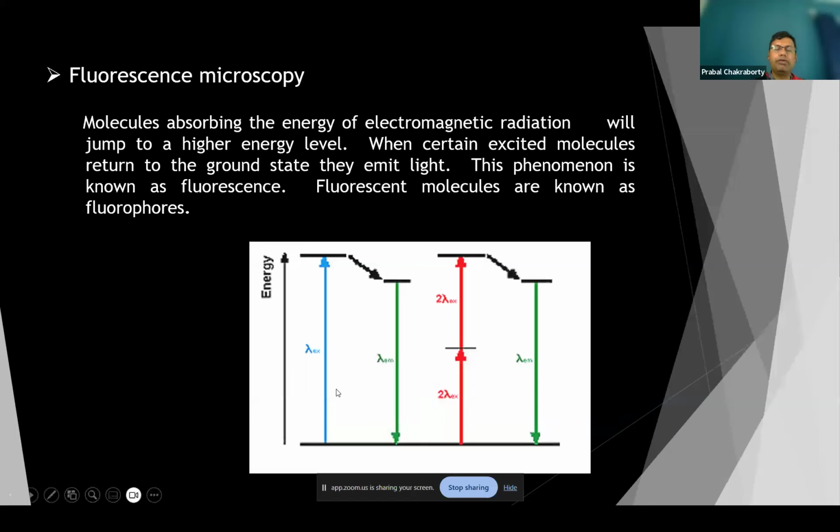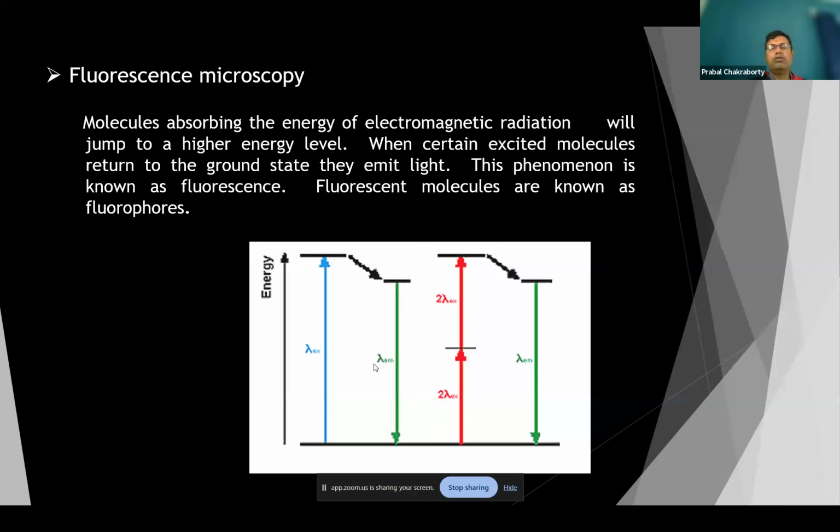If you put a particular wavelength of light, it will go to a high energy state, and from that high energy state it will come back to the ground state, and when it comes to the ground state it emits some particular wavelength. The light which is specific in wavelength and used for excitation is called excitation light or excitation wavelength, and whatever light is emitted by the fluorophore molecules is called emission light or emission wavelength.